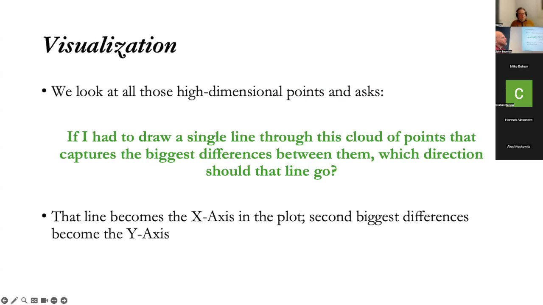And what we saw in that visualization is essentially something that looks like, if I had to draw a single line through this cloud of points that captures the biggest differences between them, which direction should that line go?